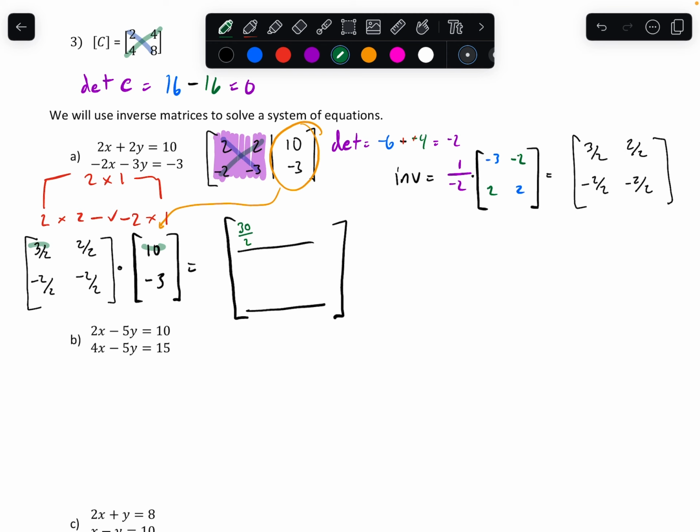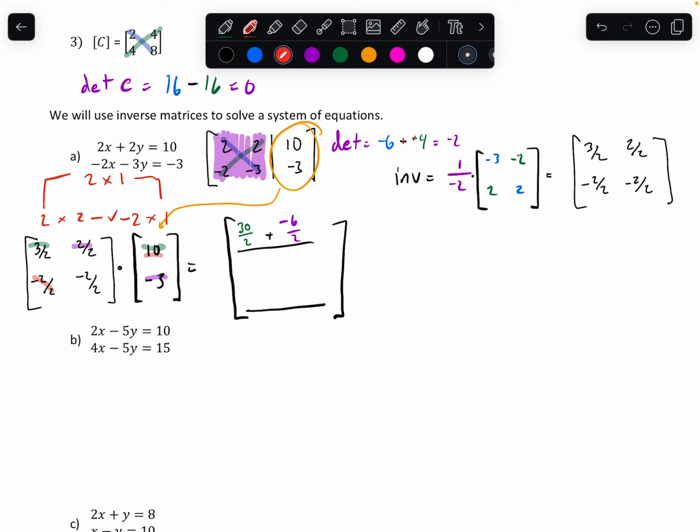And then 2 halves times negative 3 would be negative 6 halves. We'll add those together. And then the next row is going to multiply that column. So we end up with negative 2 halves times 10.